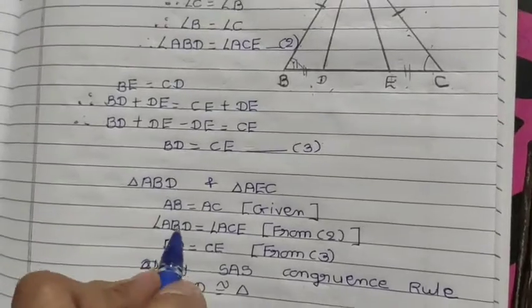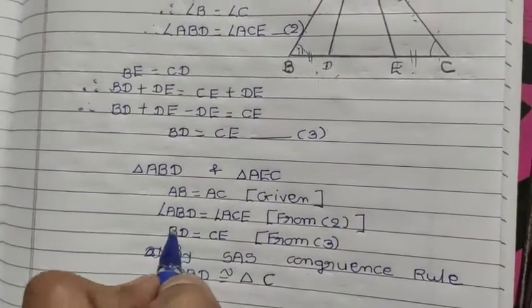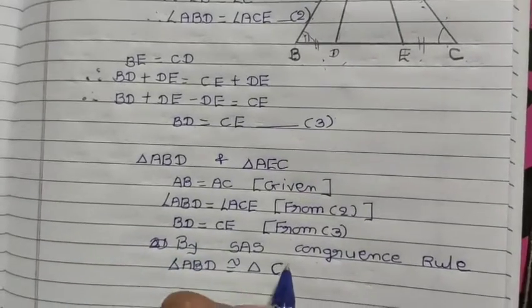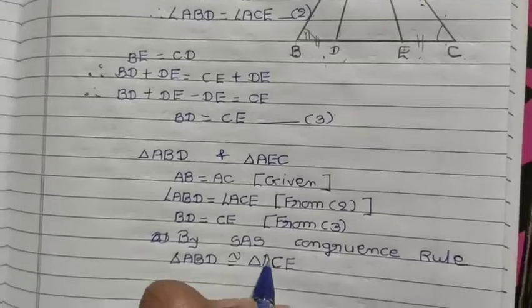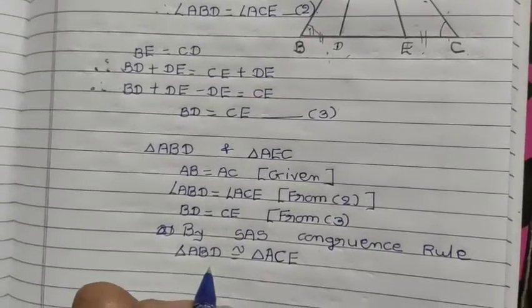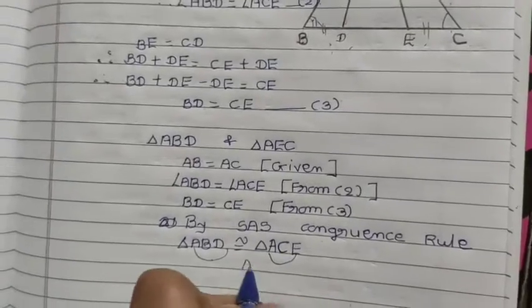We can see that B is C, so in sequence it is C, B is C, that means D is E, and that means we can definitely write AD is equal to AE by CPCT.